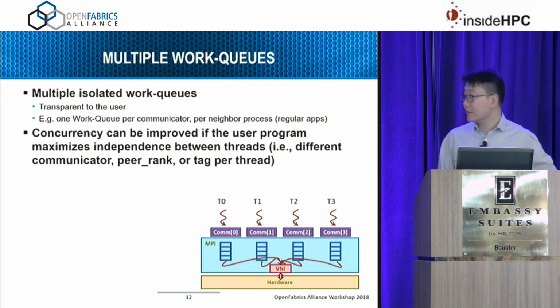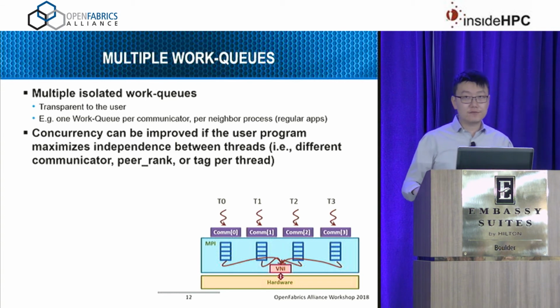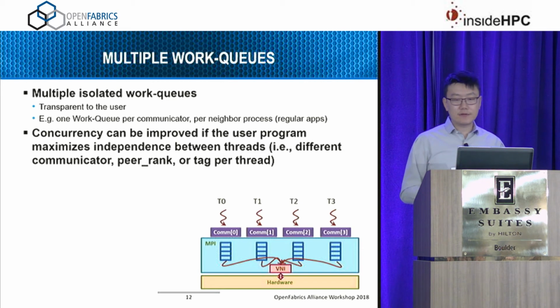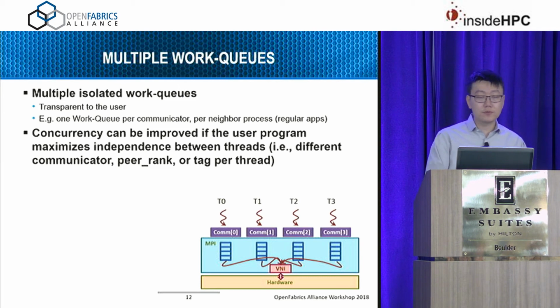Depending on the needs of the application, these can be per rank or per communicator, and they can also be associated with different operations. For example, you can have a dedicated queue for RMA operations, while there's a separate queue for point-to-point communication.